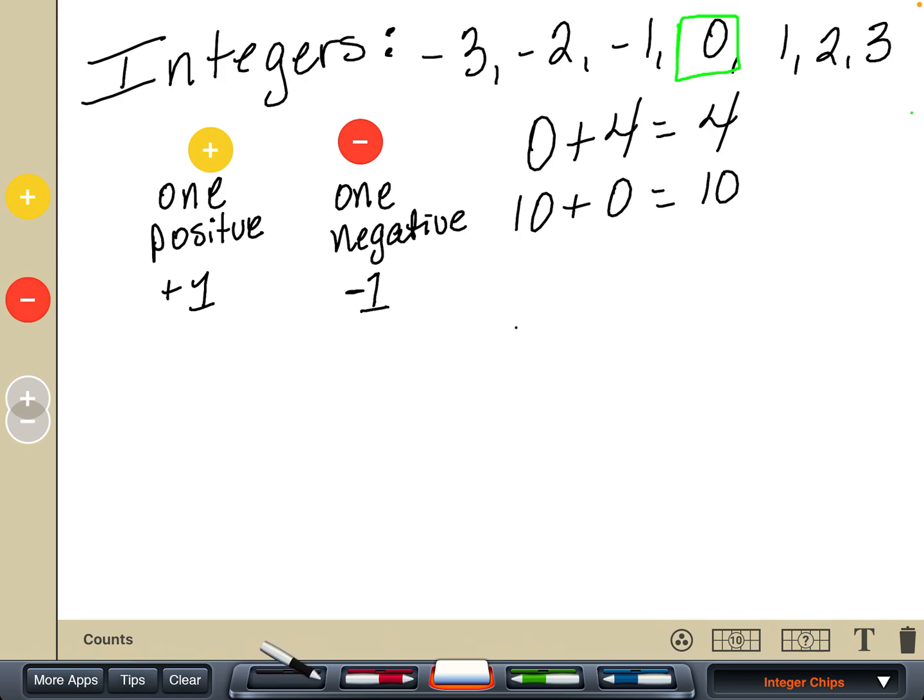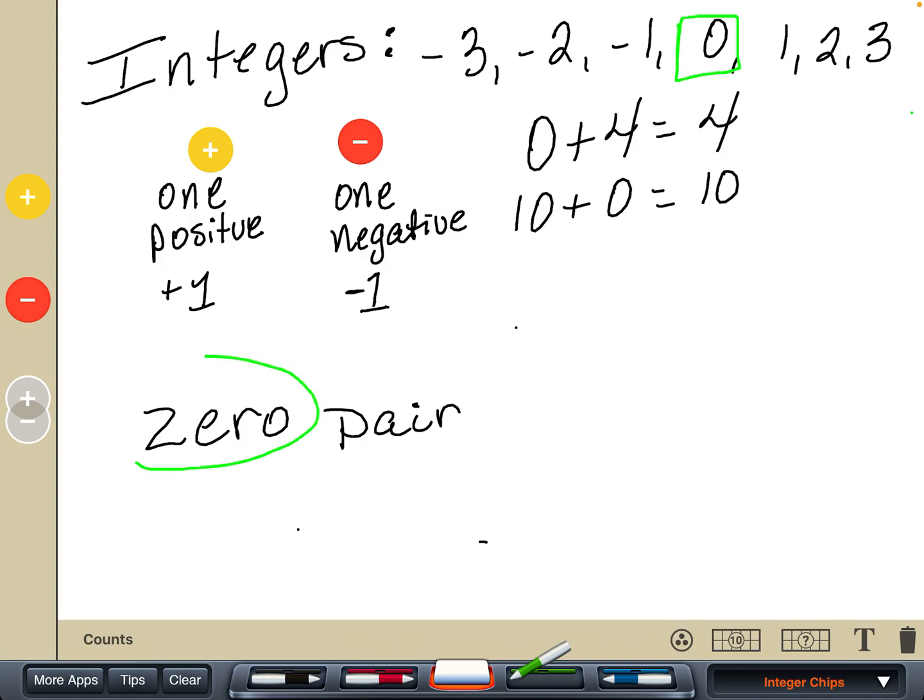Yeah, so then we're going to learn about something called a zero pair. Well, we already talked about zero, right? And what zero means. It means not positive, not negative, has no value. Well, tell me about pair. Not pair like the pear you eat, silly. Like a pair of shoes or a pair of pants or a pair of socks.